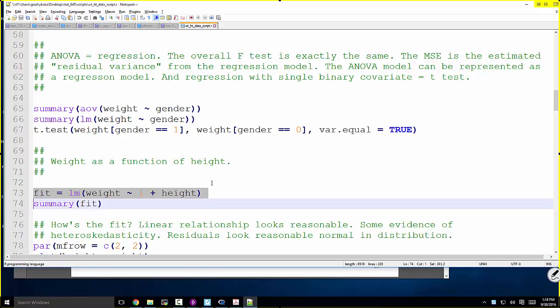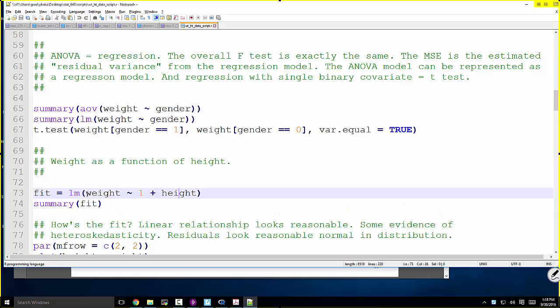And the way you access it, I would say do ?lm to see the help file. But you call lm and you say response tilde, as in model the response in terms of an intercept and the predictor variable height. So let's run this.